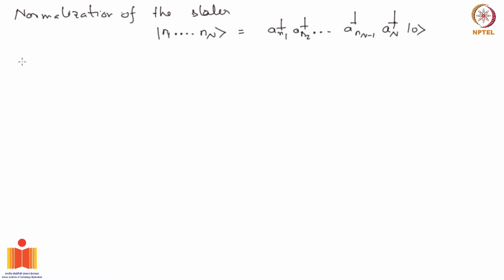Okay, so if I'm looking at the inner product of this one, first I should calculate this quantity, and that's easy. The ket turns into a bra, and because all these A daggers commute and correspondingly the A's commute, I don't have to worry.